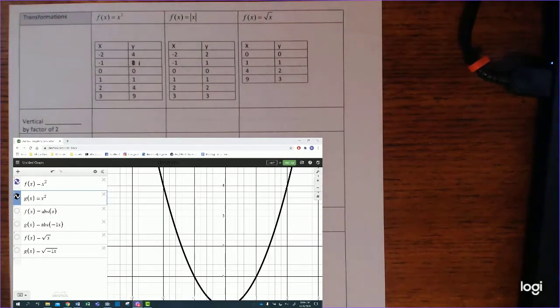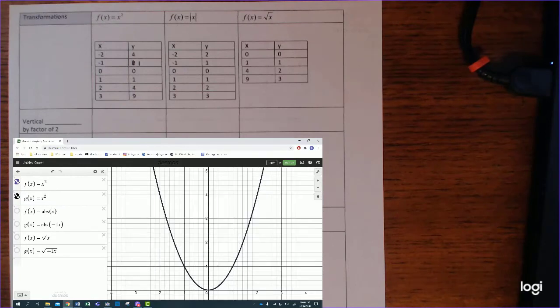Okay, so we're going into the third type of transformation, and they involve vertically stretching or vertically shrinking a graph, or horizontally stretching or horizontally shrinking a graph. I had to fix a typo here, but just take a look at these ordered pairs.